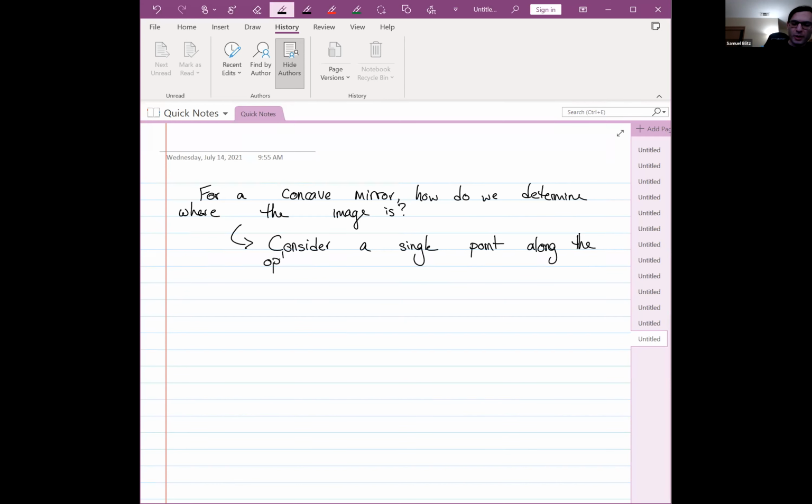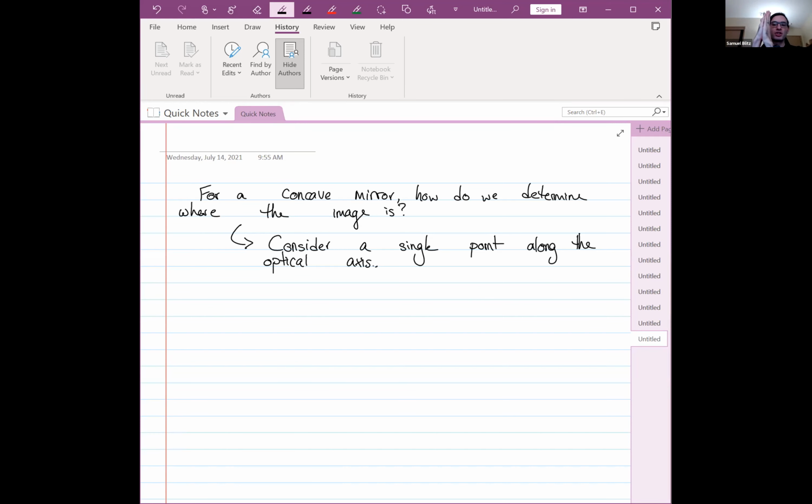The reason we can do this is that, from the flat mirror approximation, whether it's on the optical axis or not doesn't matter. The horizontal position along the optical axis is the same regardless of whether you're at the top of the arrow or the bottom of the arrow. That is, spherical mirrors don't bend images.